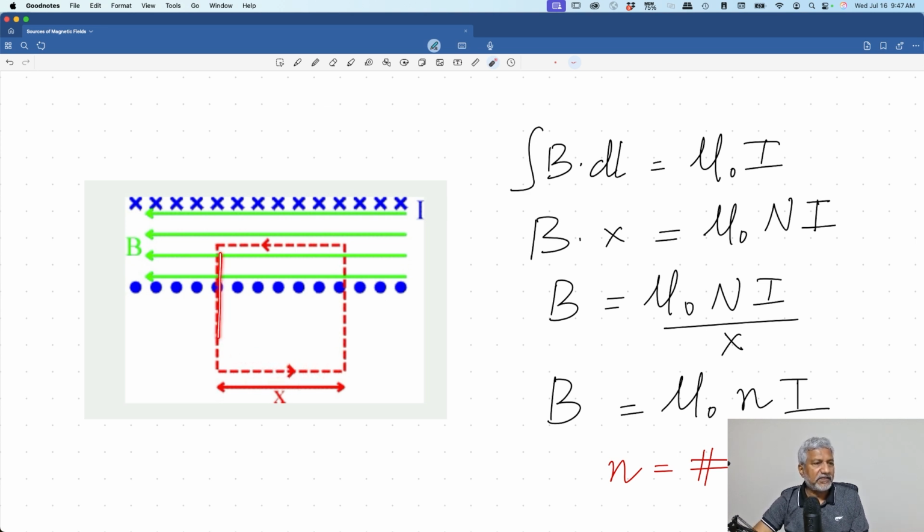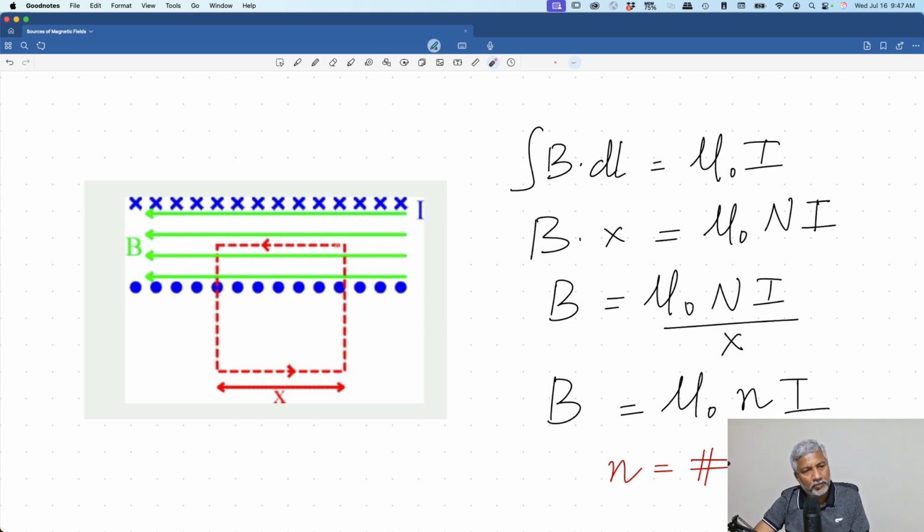And then these two sections, remember that the angle is going to be 90. And because it's a dot product, cosine of 90 is 0. Hope you remember that. So when you take that dot product here, magnetic field is that way, dl is this way, the angle is 90, cosine 90 is 0, so that also vanishes.